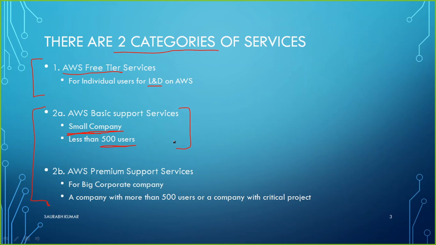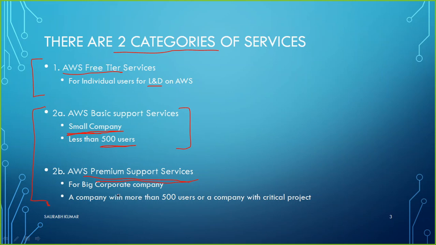And the second category in the paid one is the premium support service, meaning that a big enterprise company, or even a small company having critical information in the services which they are offering to the client or which they are getting from the cloud service provider, will go for the premium support services.